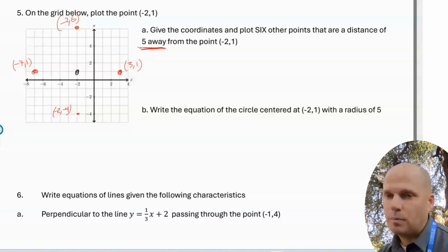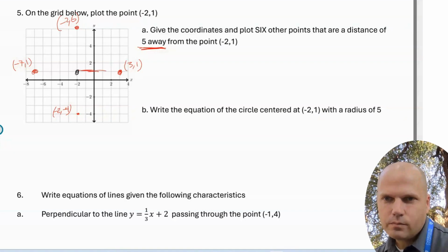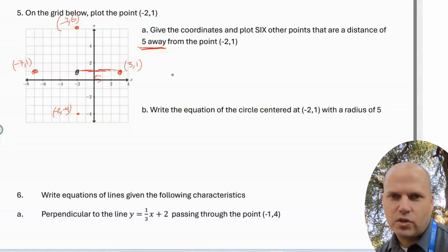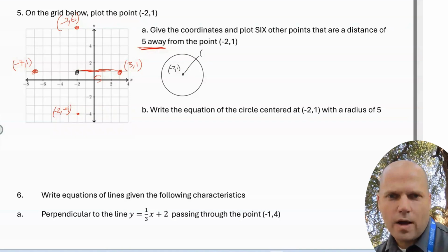What's another point? Well, this distance is 5, right? We have a circle whose center is -2, 1, whose xy points are 5 away.